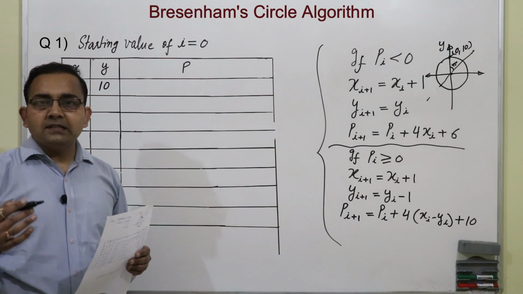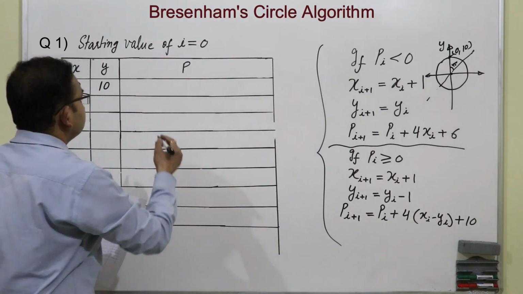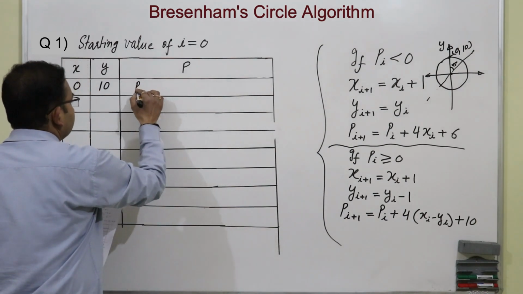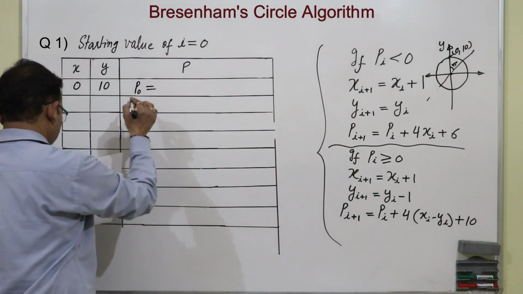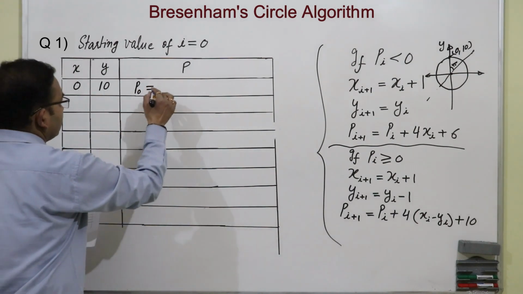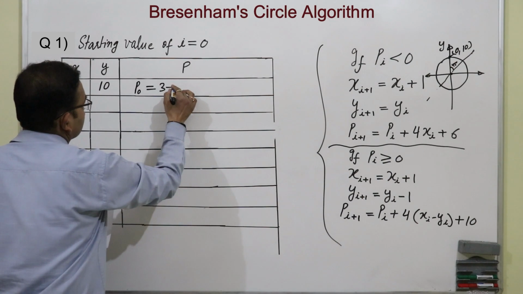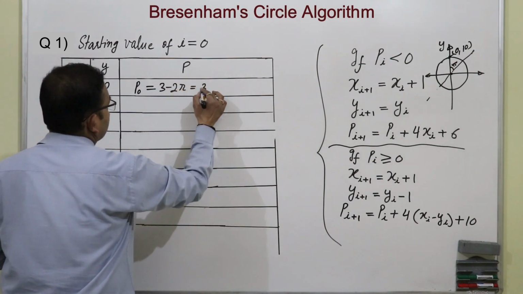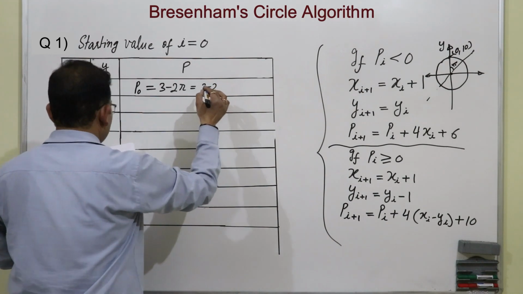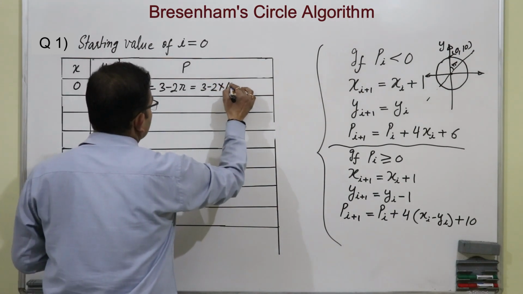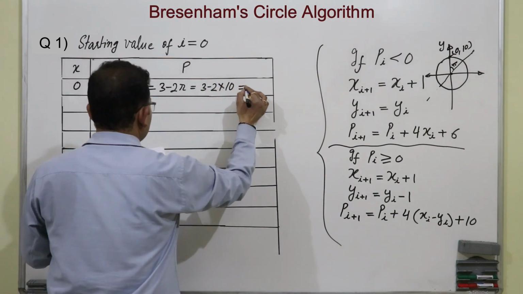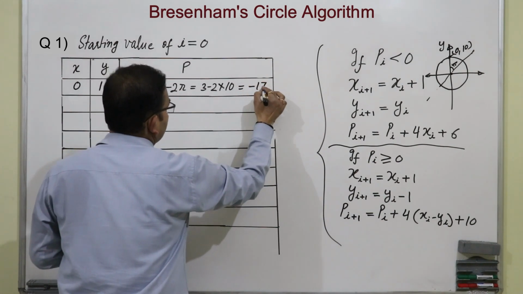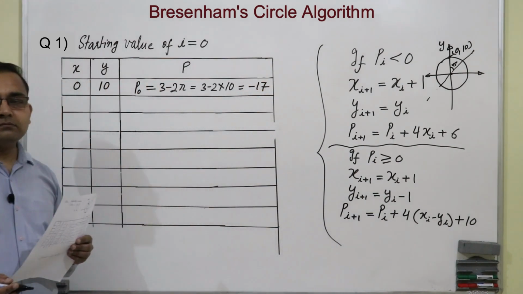So, first we will calculate P0. The P0 formula is 3 minus 2r, 3 minus 2 into 10 equal to minus 17. Okay.